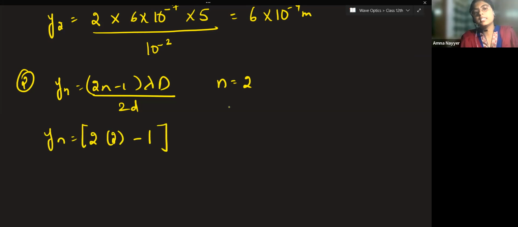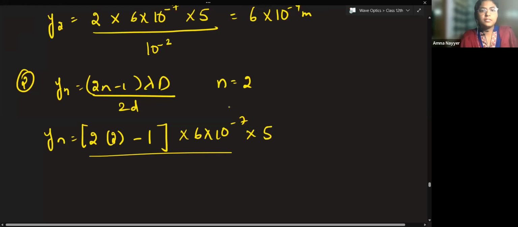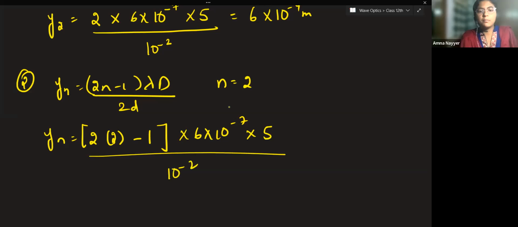Lambda is 6 into 10 to the power minus 7. Capital D is 5. This is 10 to the power minus 2. And here we have 2. So this becomes 4 minus 1, that is 3, 3 by 2.